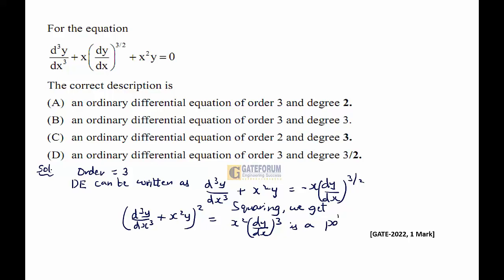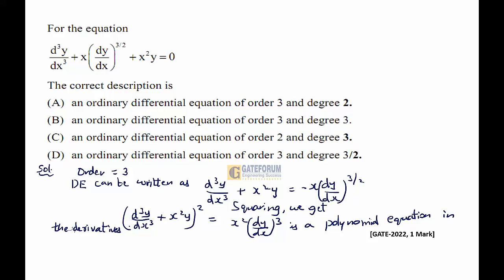So this is a polynomial equation in all the derivatives. When we expand (a plus b) whole square, all the derivatives should be in the form of a polynomial equation. What is a polynomial equation in the derivatives? To find the degree, all the derivatives must have powers that are natural numbers.